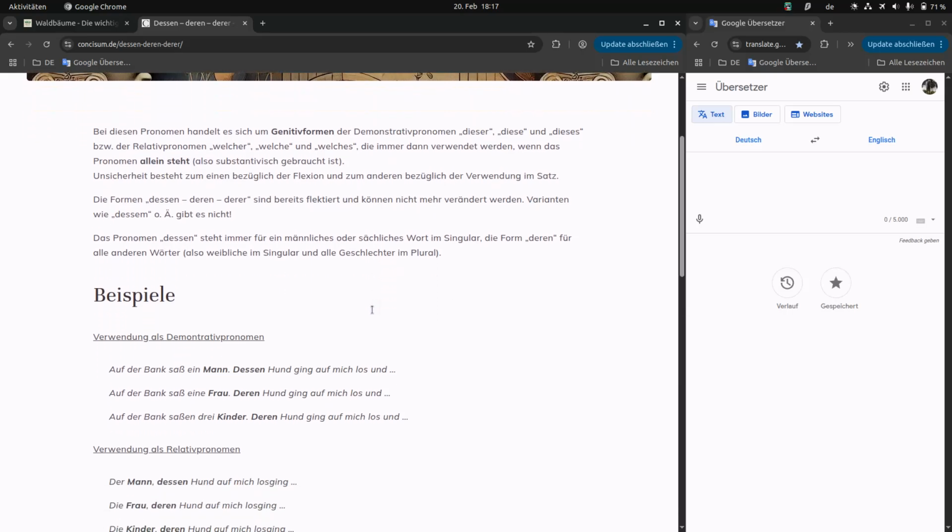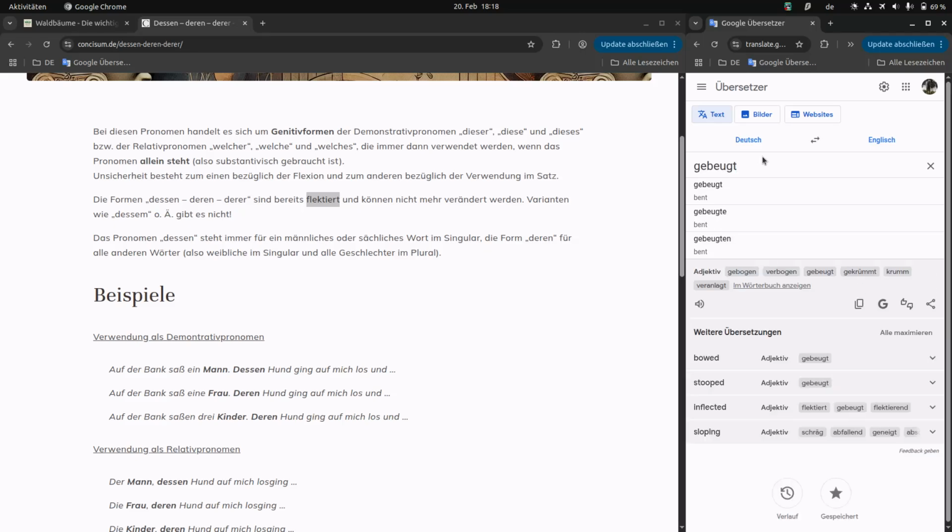And then we have "dessen, deren, derer", which is kind of genitive, kind of related to that. Here, it says, "Die Formen dessen, derer, deren, derer sind bereits flektiert", which I think means, in terms of the genders of the nouns, in German you say "gebeugt", bent, but in English you wouldn't say bent nouns.